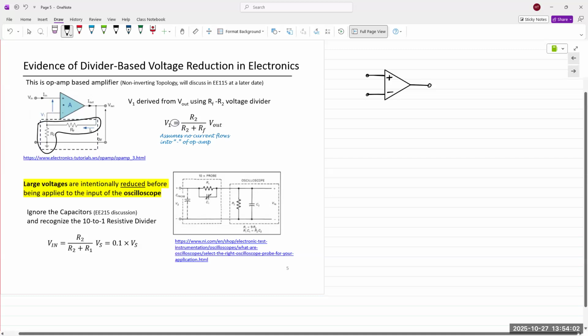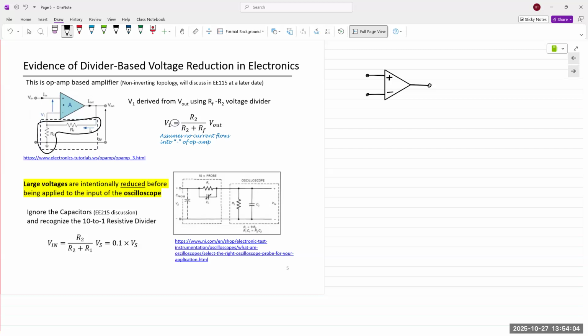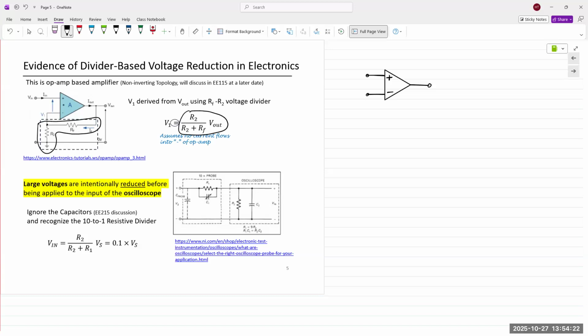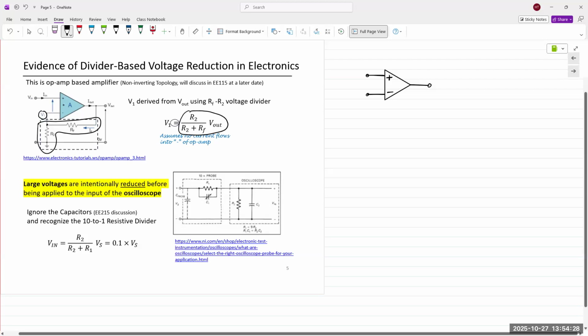In these kinds of op amps, we need biasing resistors and a similar topology right here. You have a feedback resistor RF and you have a resistor R2. That V1 voltage is biasing the op amp at the negative terminal. You can see the minus sign, and it applies the same voltage division principle. The voltage across R2 is the one that's being set up and going into the op amp right here.